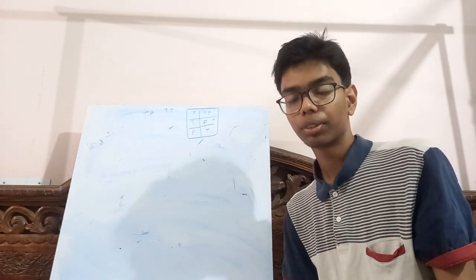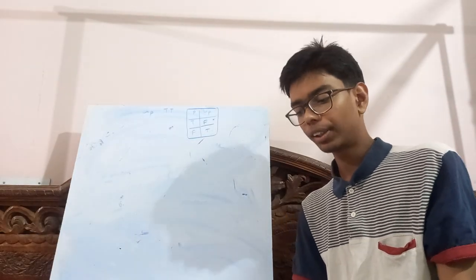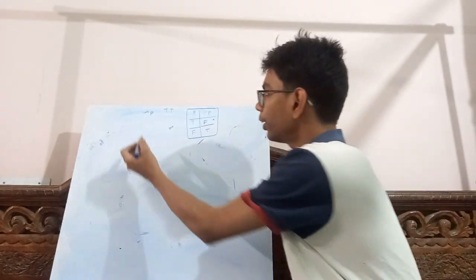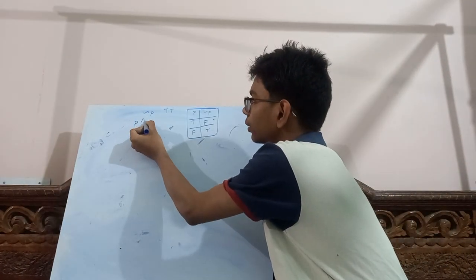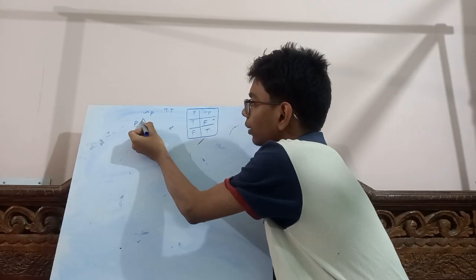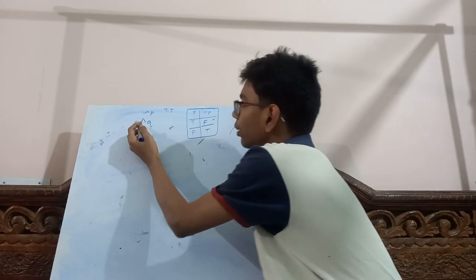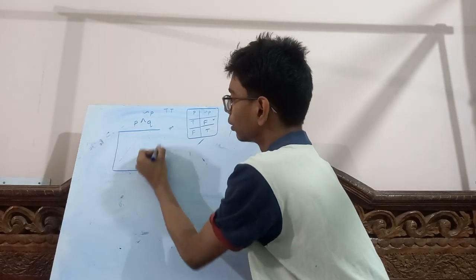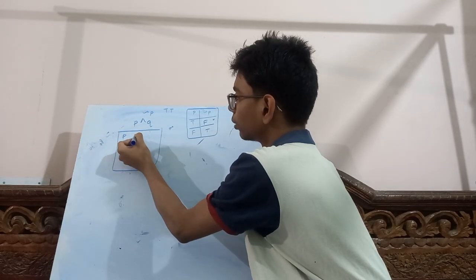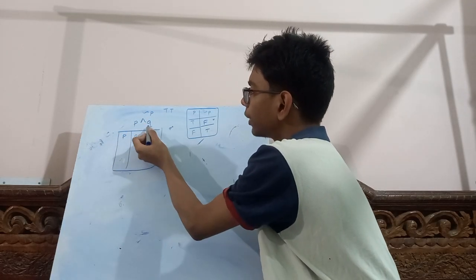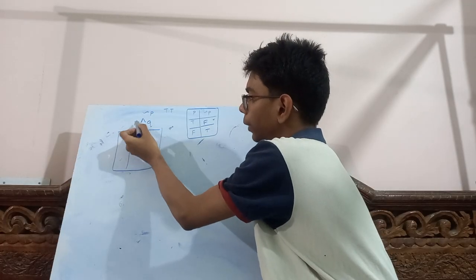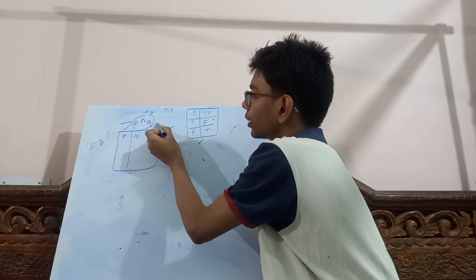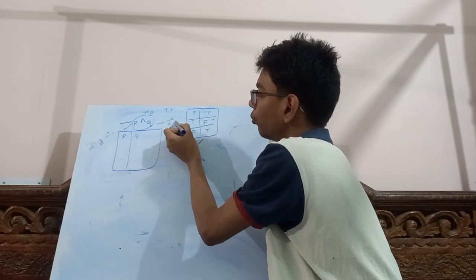Suppose there are two propositions P and Q. The conjunction of P and Q will be denoted by P and Q. When I discuss the truth table, it will be like this: P, Q. The sample space of P can be either true or false, and I have P and Q, so the sample space will be 2 to the power 2, which is 4.